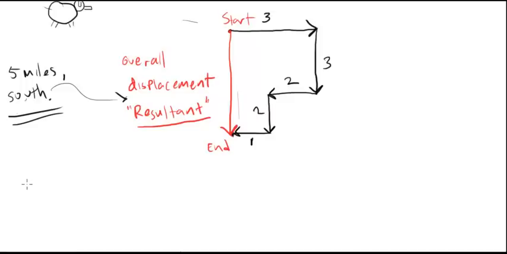The first bit of vector math I want to go over is adding or combining vectors. And we did a little bit of that here. The most straightforward case is when there are 2 vectors pointed the same way, you just add them together. So we had 3 south and 2 south gave us 5 south.